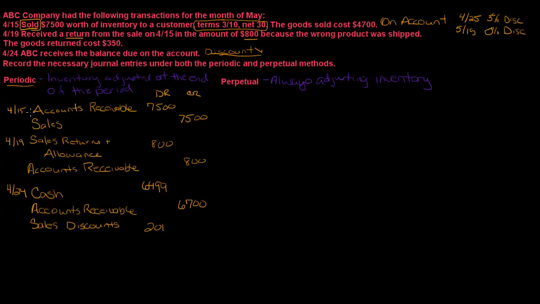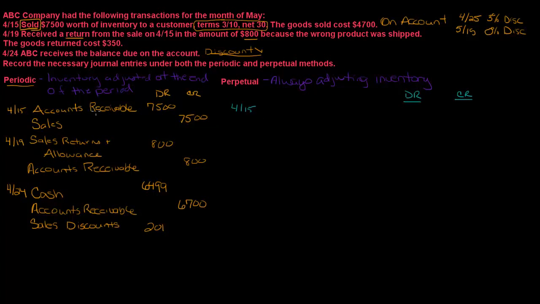So this is very similar to what we've always done, right? We've recorded sales and accounts receivable. We've recorded payments of cash. Okay? So let's look at what perpetual would look like, and I'll do perpetual in a different color. How about that? All right, let's look at 415. And I'm going to do my DR and my CR, debit and credit. So let's see what we have here.